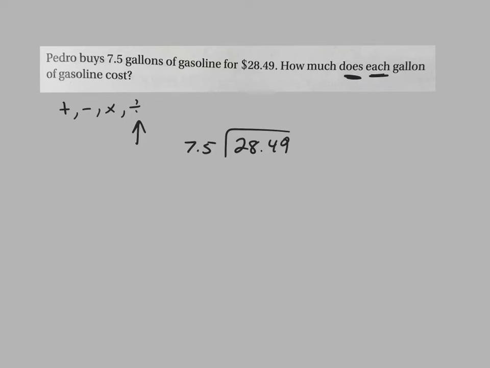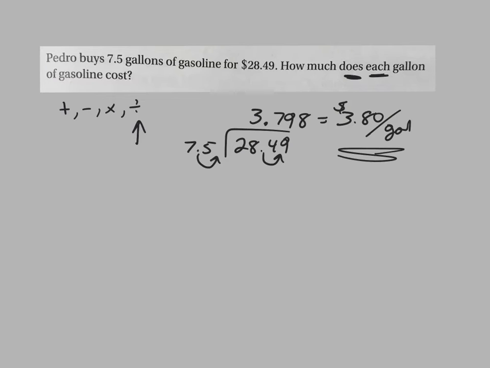We have not yet learned how to divide decimals, but if I do that on my calculator, 28.49 divided by 7.5, we would figure out that it's $3.79. I could actually round that to $3.80 per gallon. Okay, so the correct answer there is we divide.